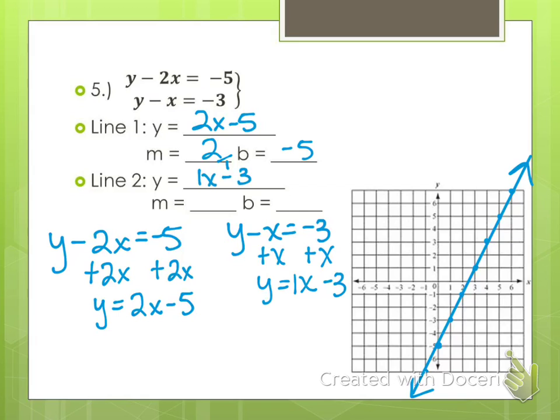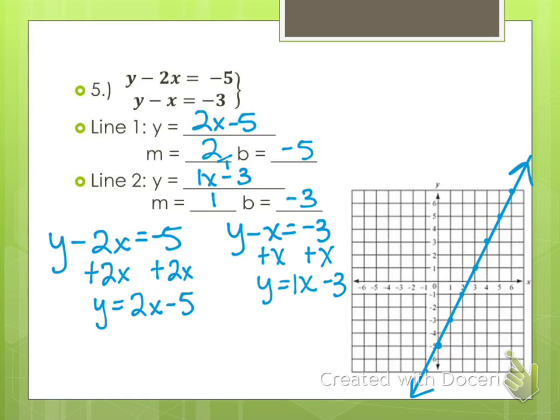Jamaro, what are my m and b there? Good. So 1. We don't include the x on the m, just the 1 for our m, and then b is negative 3.